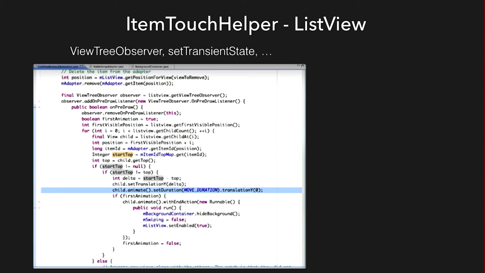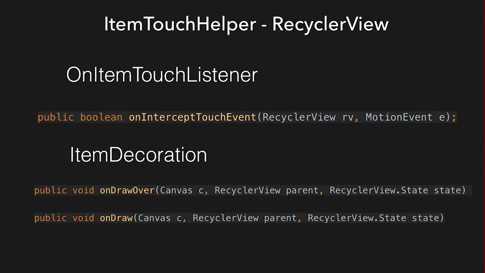Now, ItemTouchHelper just does this with RecyclerView's touch listener callback APIs anyway. So ItemTouchHelper is actually just an item decoration and has a field for OnItemTouchListener. So it interacts with both these APIs that are already standard on RecyclerView.